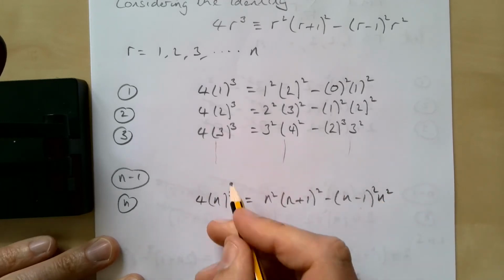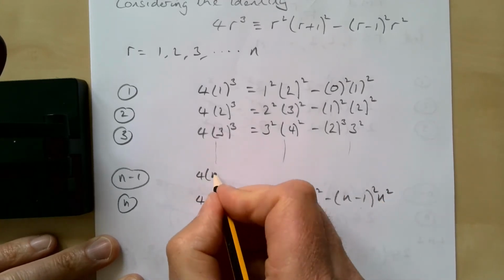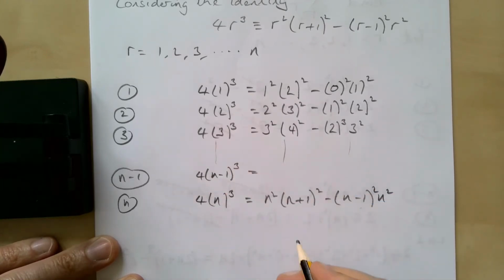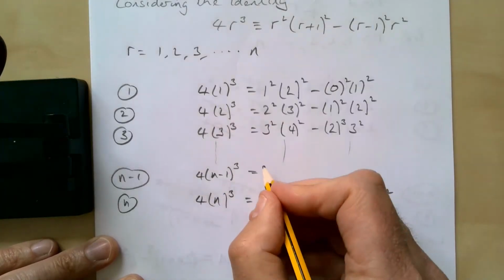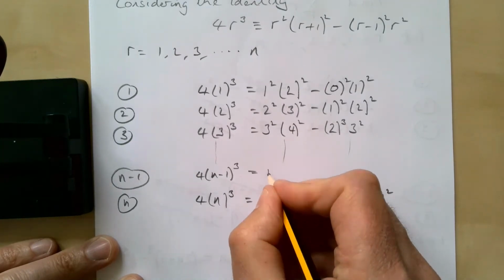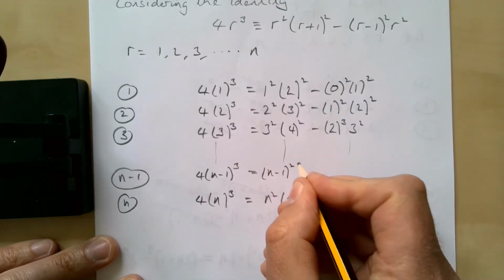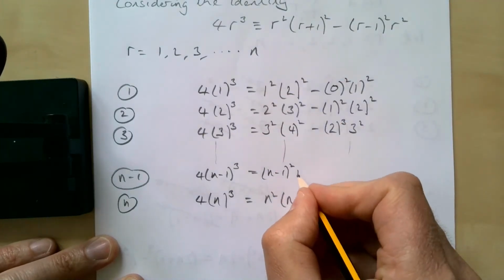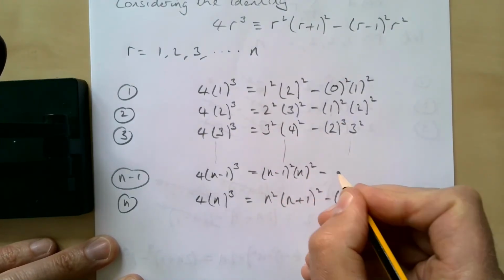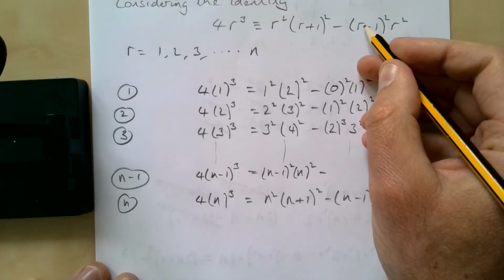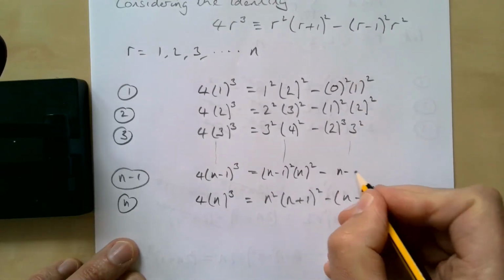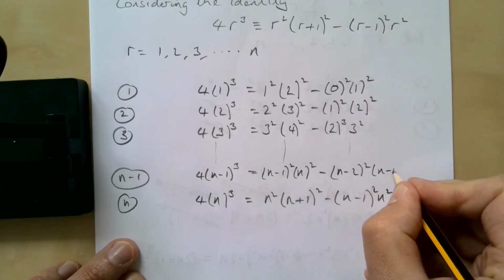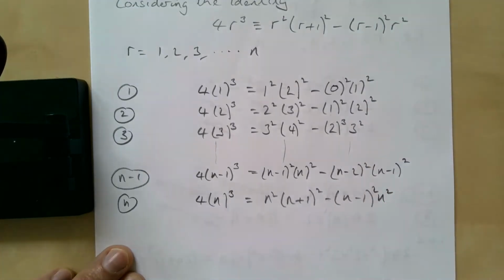And if I sub in n minus 1, that's going to give me 4 upon n minus 1 cubed. Exchange this for an n minus 1, I will have n minus 1 all squared. Exchange that for an n minus 1, n minus 1 plus 1 gives me an n squared. n minus 1 minus 1 will be an n minus 2, and then n minus 1 all squared.